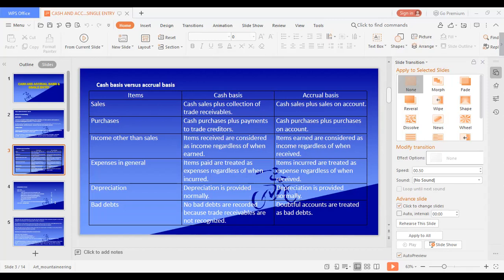Then we have the sales discount of 150,000. So we have 900,000 collections. So the cash sales equals 2 million minus 100,000.